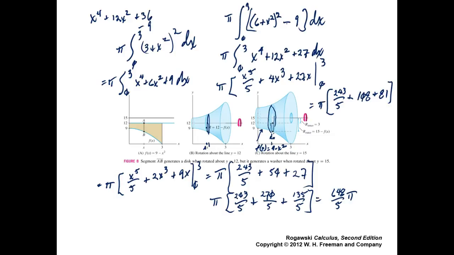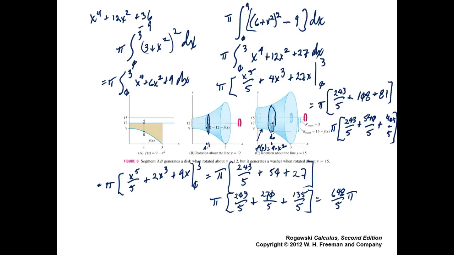Now we got to get all those to fifths too, so this will be pi times 243 fifths plus 540 fifths, right? Plus, and this will be 405 fifths.